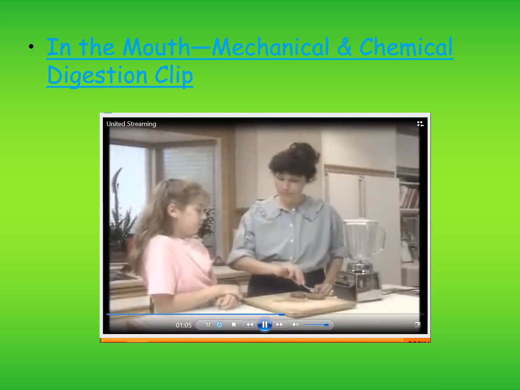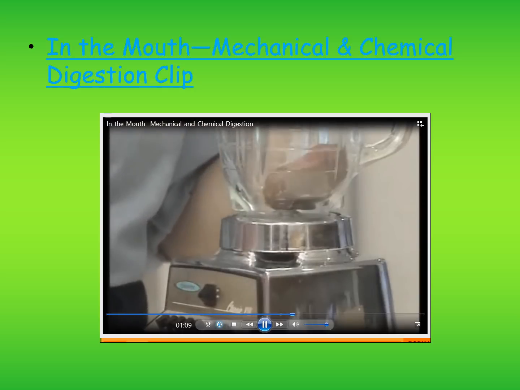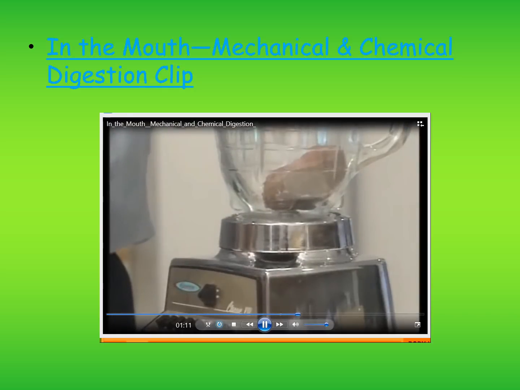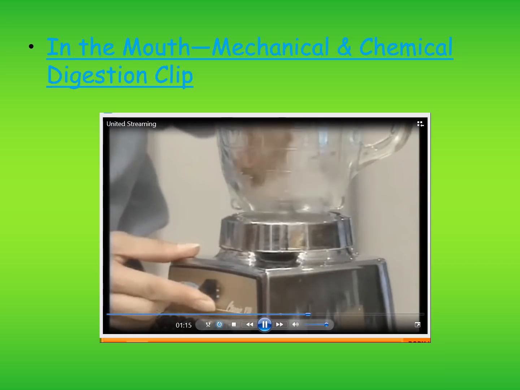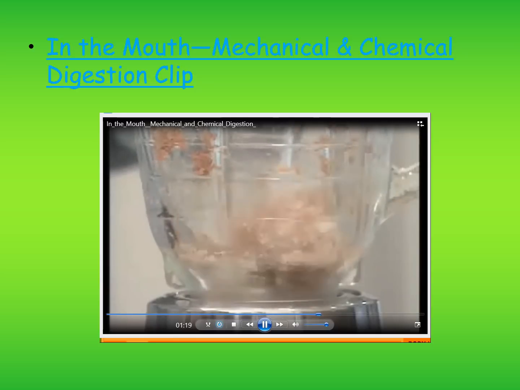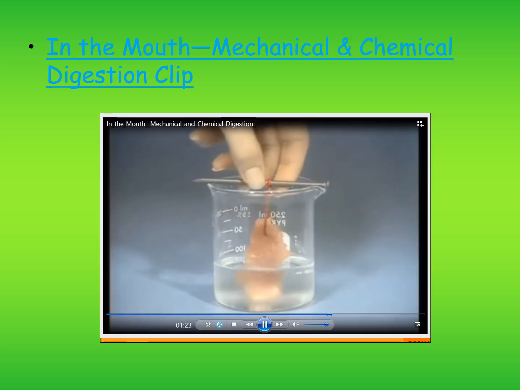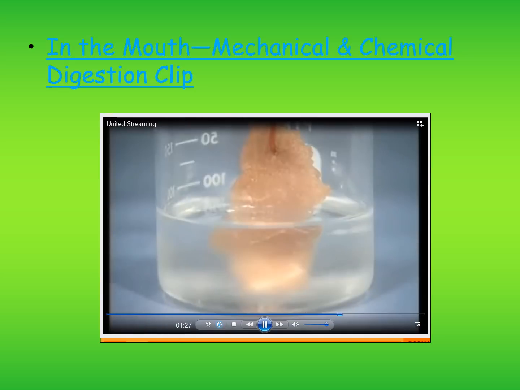To see the difference between mechanical digestion and chemical digestion, put some food, like a piece of meat, in a blender. A blender chops food up into smaller pieces. This is similar to the mechanical digestion that goes on when we chew. You can see how chemical digestion works by putting a piece of meat into a substance called gastric juice, which contains several enzymes.